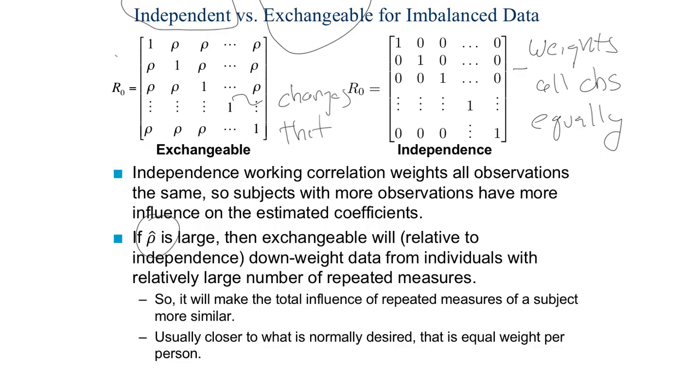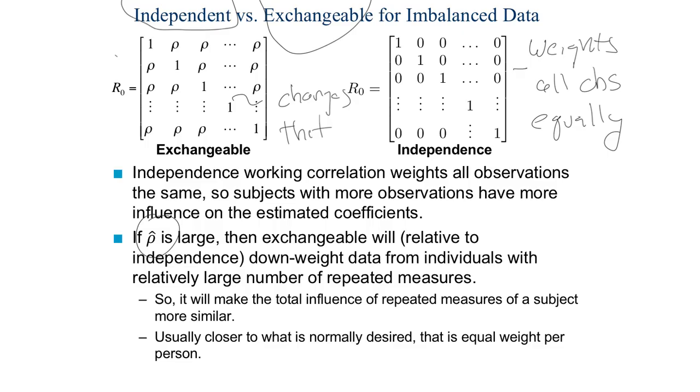I'd like to base it more on having equal numbers of measurements, and using exchangeable gets you more towards that if there's high correlation and imbalance. So another rule of thumb is I always default to exchangeable if I'm choosing between these two, because if there is a big difference in their impact on the estimates, I want something closer to having equal numbers of observations per person, versus having very different numbers where a few people with tons of observations really dominate the regression.